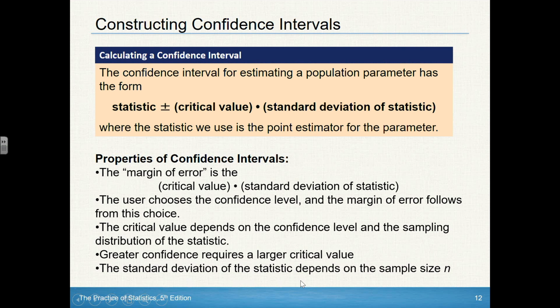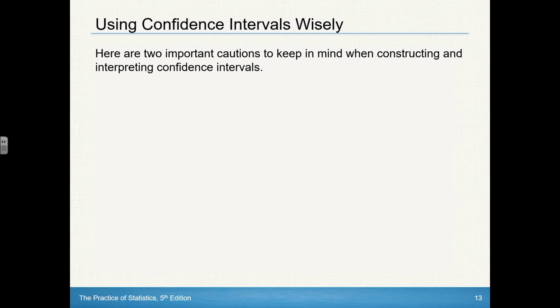The standard deviation of the statistic depends on the sample size, and that's basically what we talked about in the previous chapter when we were talking about sampling distributions. As sample size goes up, the standard deviation of the statistic goes down. So you can, in a way, control this part of the expression by increasing your sample size, and that's always a good thing to do. Not always practical necessarily, but something you want to think about.